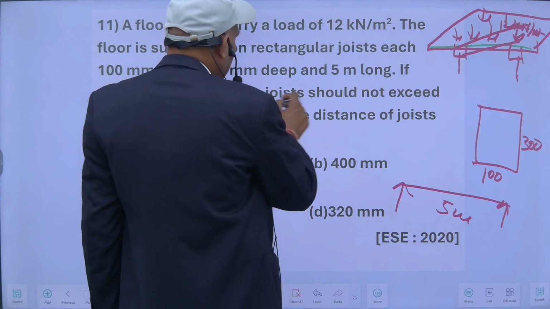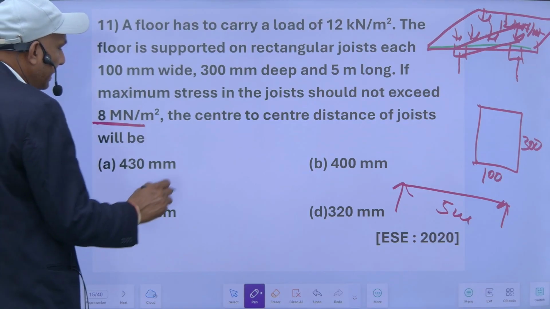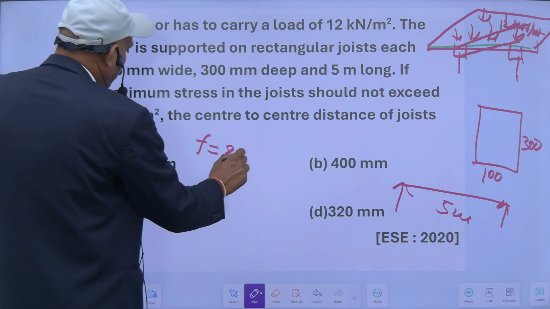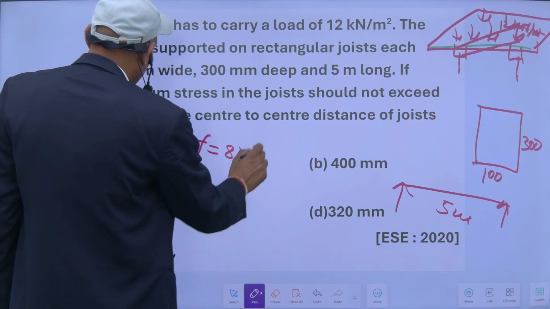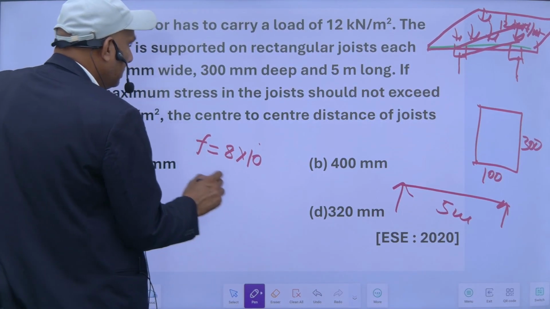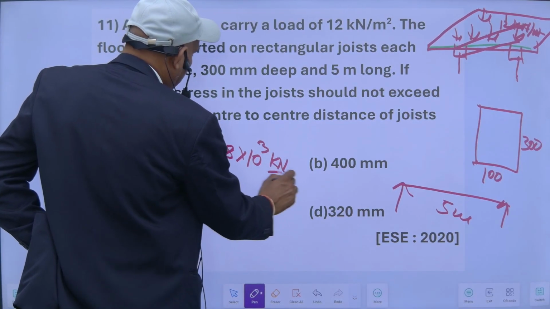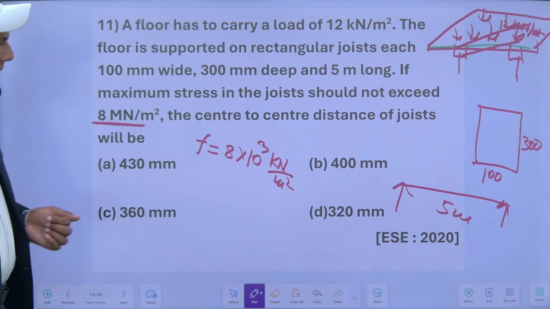If the maximum stress in the joist should not exceed 8 meganewton, this is bending stress. 8 meganewton means 8 into 10 raised to the power 3 kilonewton per meter square. If I convert it in kilonewton, it will be this. So this is the M.